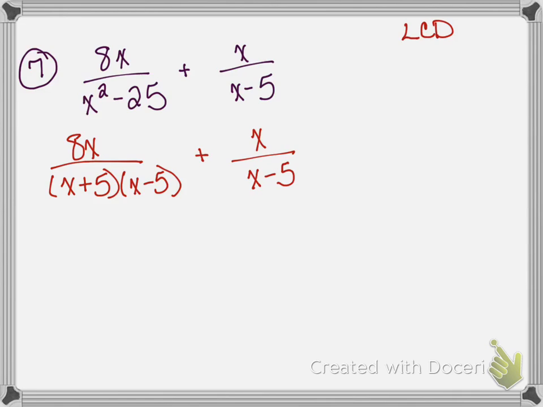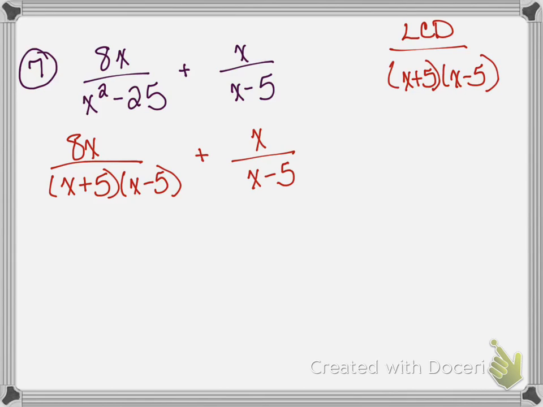Now, for my LCD, I'm going to go ahead and write down x plus 5 and x minus 5. My second denominator has x minus 5. Do I have to write that down again? I don't. Now, my first denominator has them both in it.